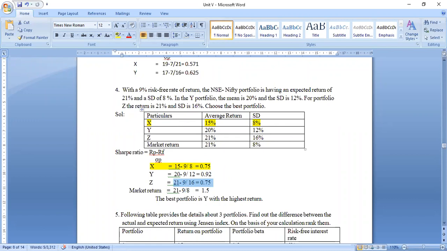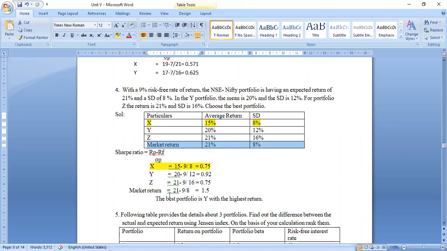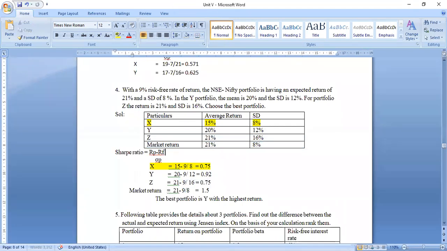Now, as we are given the market returns here, we will just calculate it. If you want, you can slightly change the formula here, because we are given the market returns. Though the X column we should not consider.